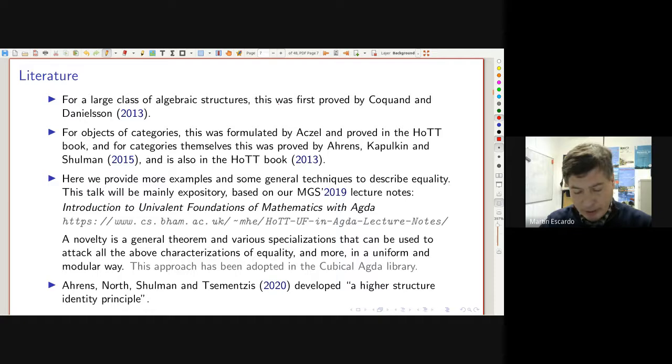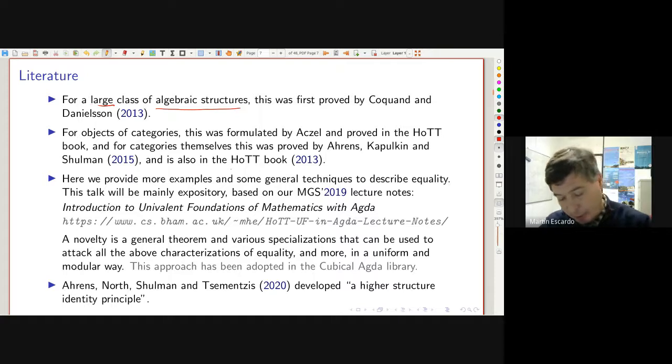It has some history. So the first class of theorems for this was proved for algebraic structures, for a large class of algebraic structures. Then for objects of categories, this is in the HoTT book. I think it was formulated first by Peter Aczel, and then it was proved by Ahrens, Kapulkin, and Shulman.